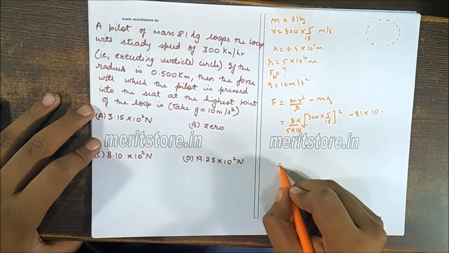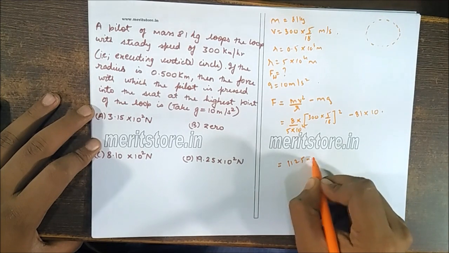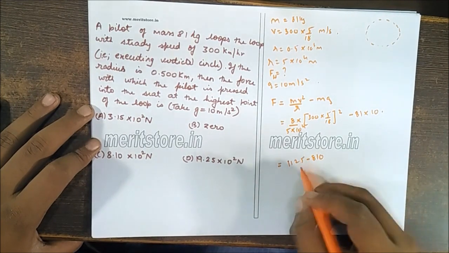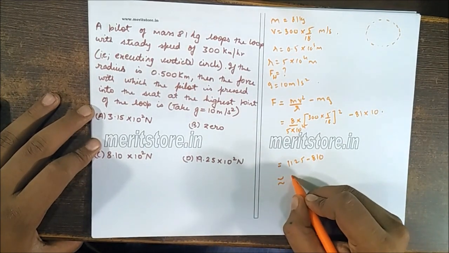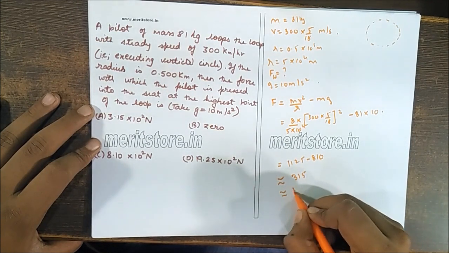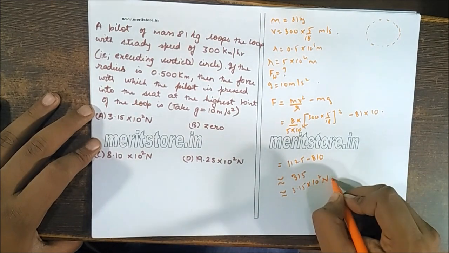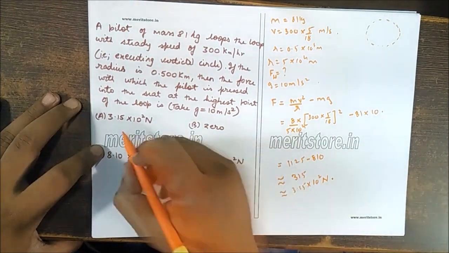So on solving this further, I get it as 1125 minus 810, which is 315, that is 3.15 into 10 raised to 2 Newton. Option A.